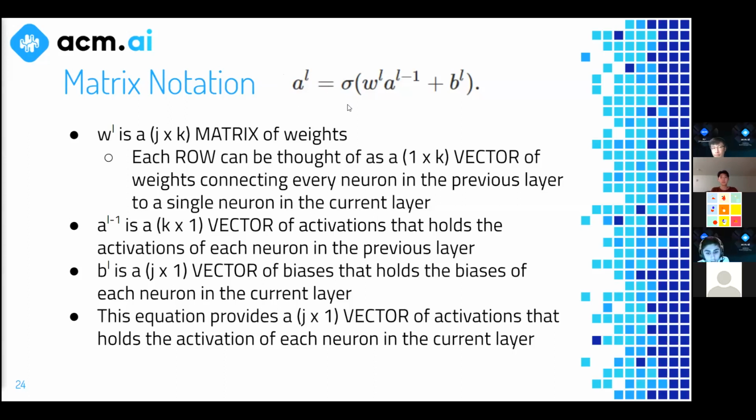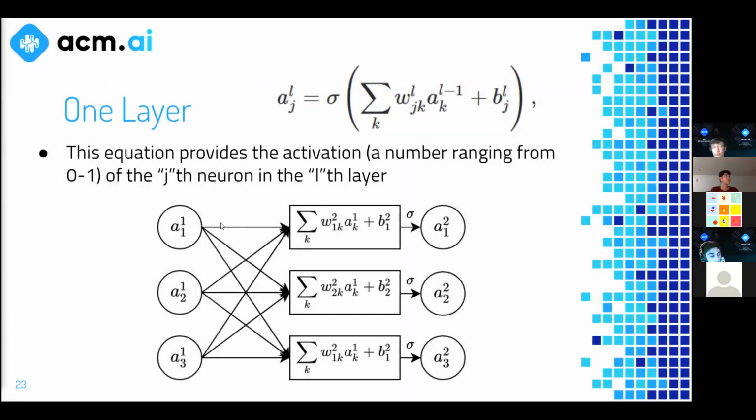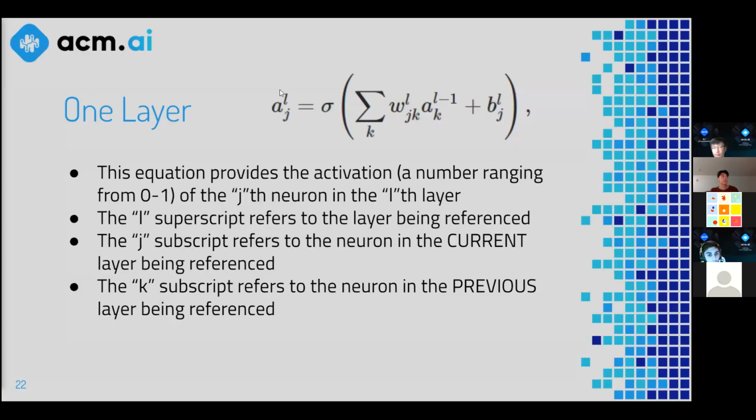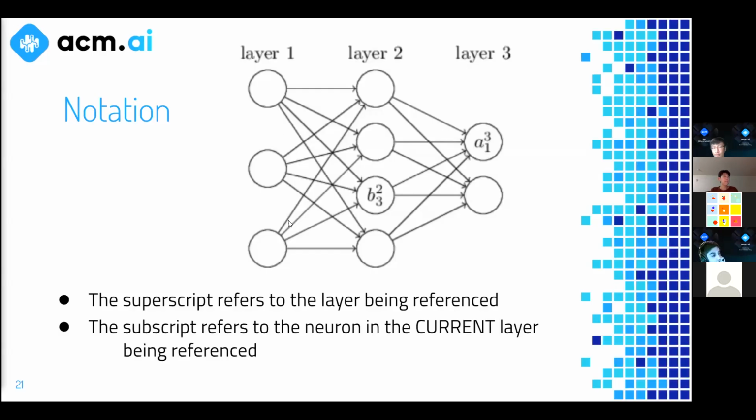It's really important that we understand the dimensions of the things being multiplied here. Otherwise, we get confused really fast. So WL is a matrix that represents all of the weights connecting one layer to the next layer. In any of the neural network pictures you have seen in the past, the WL represents all of these lines.